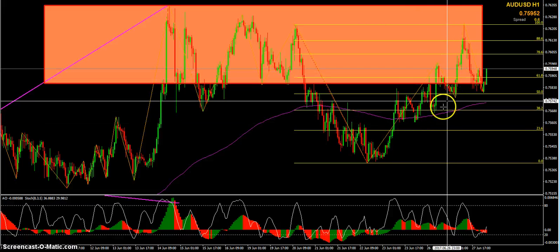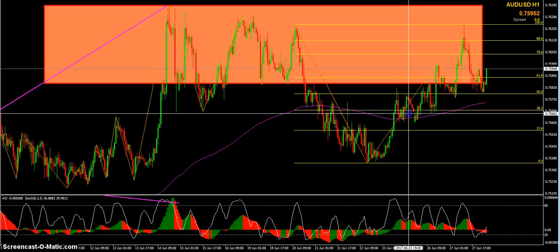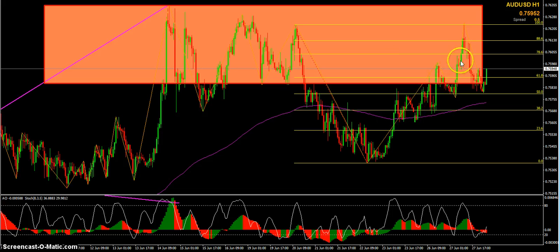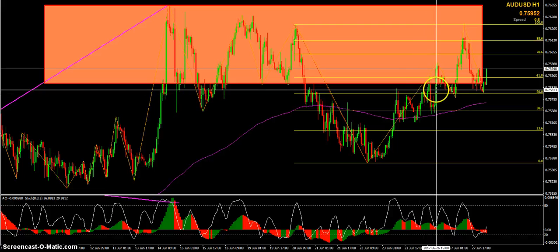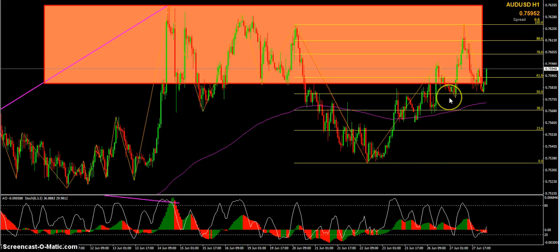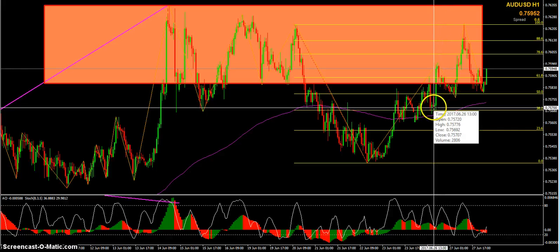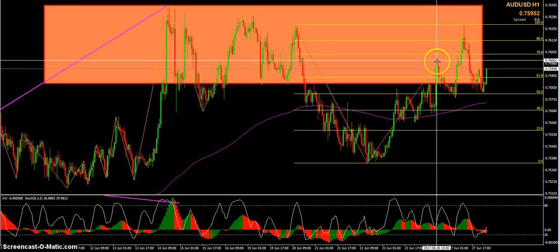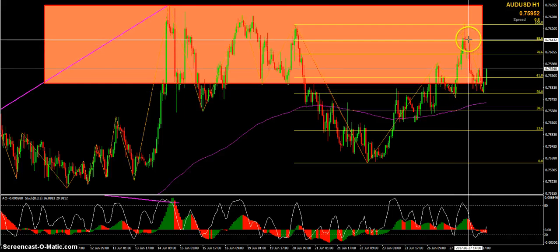Unfortunately it did continue higher, but I still took a position. I had my stop losses up here of around 40 pips, and as you can see it stepped back up and stopped me out. So I was doing well until those USD durable goods numbers came out, and because they were worse than expected, you can see this big rally up here with a bit of consolidation and then another push back higher.